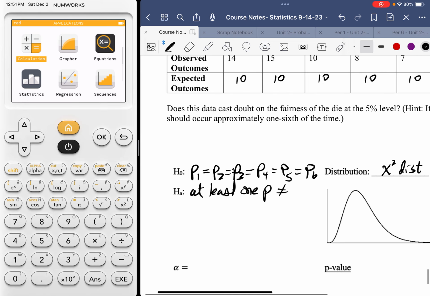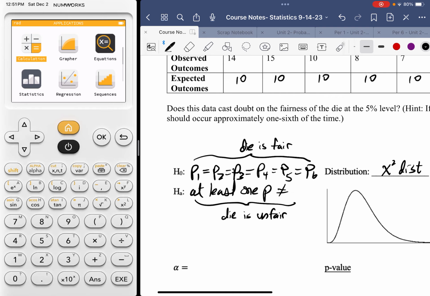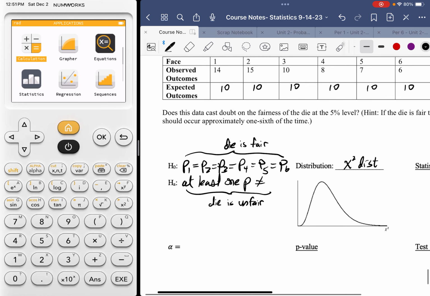This first set here would be the instance that the die is fair. Die is fair. Die is unfair. Because if it's a fair die, all those probabilities should be the same, or at least close enough to being the same.